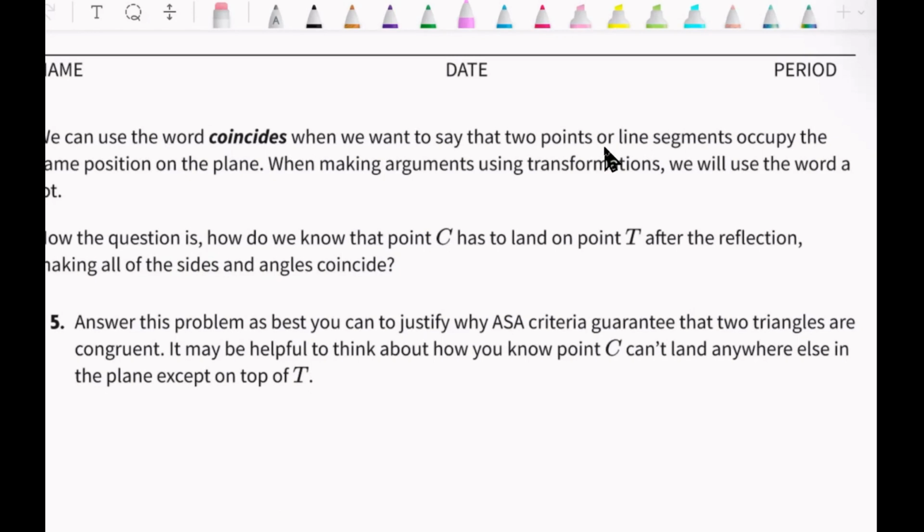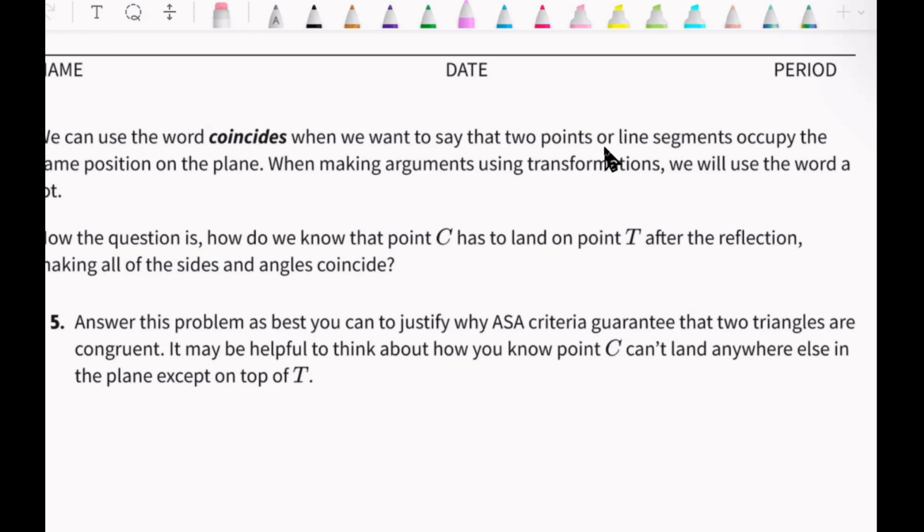So it says now the question is how do we know that point C has to land on point T in the reflection, making all of these sides coincide? Answer this problem as best as you can to justify the ASA criteria, guaranteeing that these two triangles are congruent.